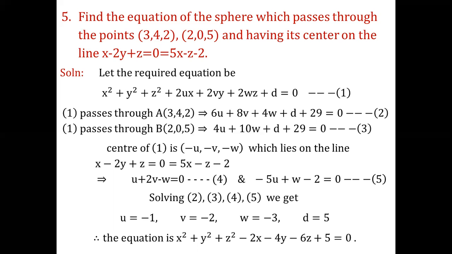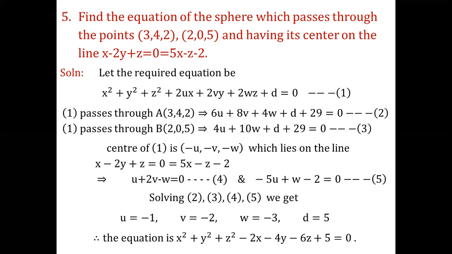So you are going to get the fourth equation as u plus 2v minus w equal to 0. And again substitute minus u, minus v, minus w in the equation 5x minus z minus 2. So you are going to get the fifth equation as minus 5u plus w minus 2 equal to 0.